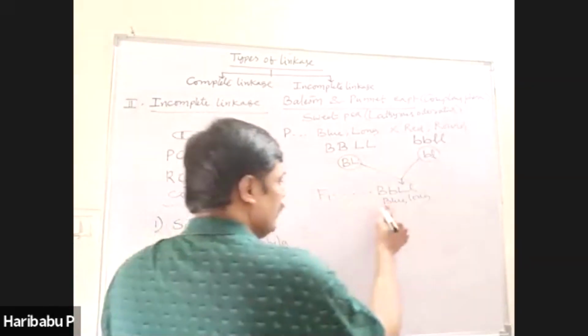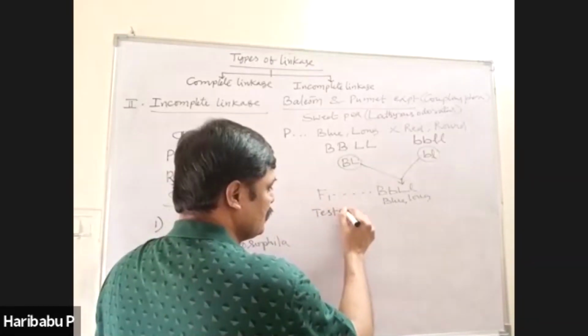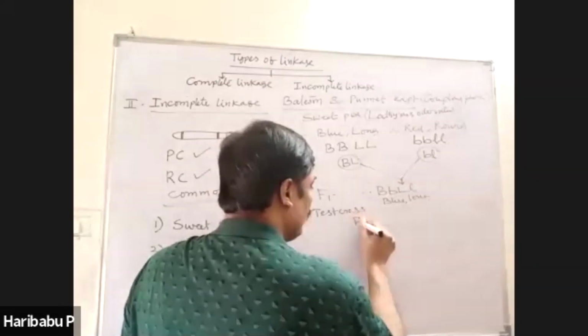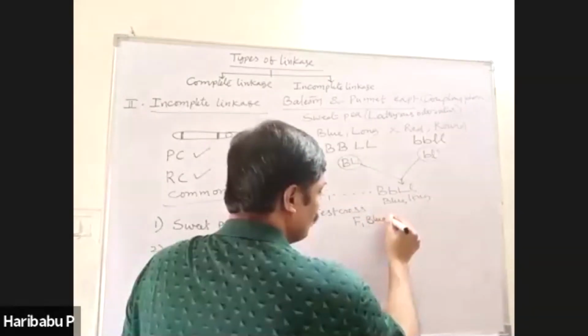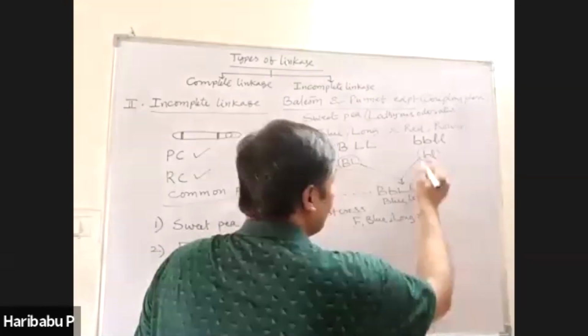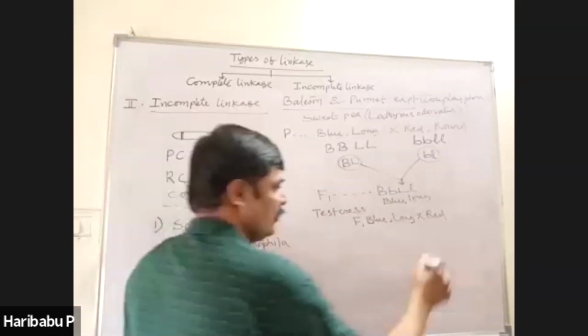I think you understand. When F1 is test crossed, dihybrid test cross, that is F1 blue long into red round, the double recessive parent.